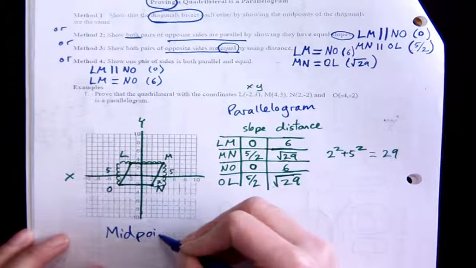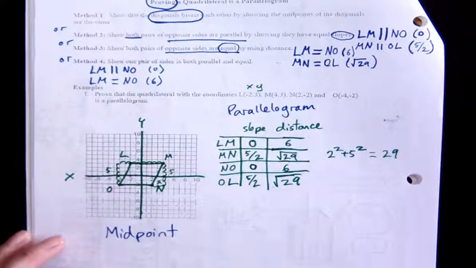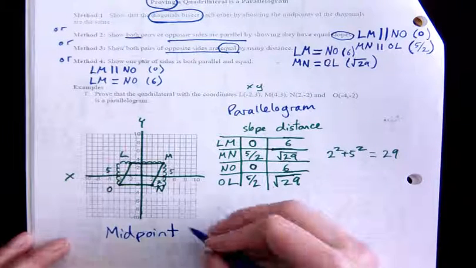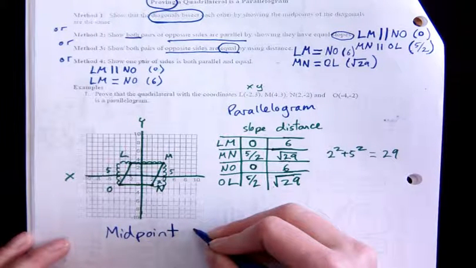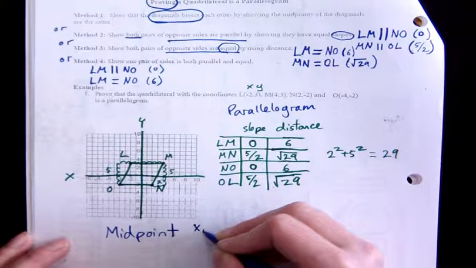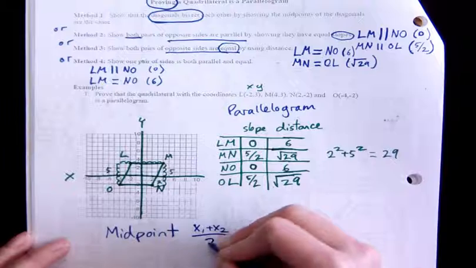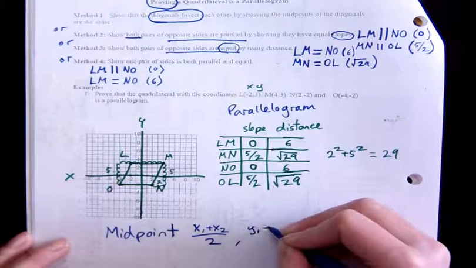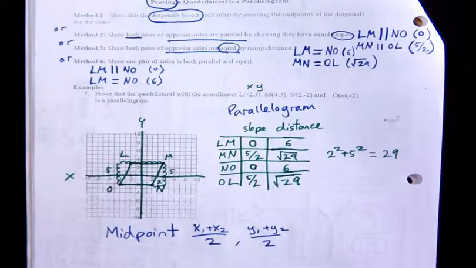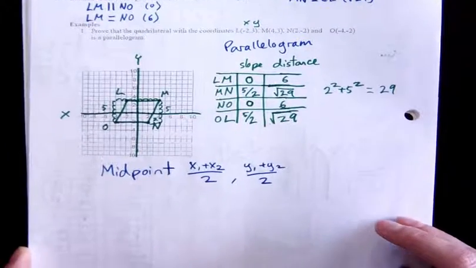Does anyone remember, it's been a while, the midpoint formula? Midpoint's almost the same as slope, except we add them. So midpoint is x1 plus x2 divided by 2, and then y1 plus y2 divided by 2. So if you don't have slope or distance, you just have the points.